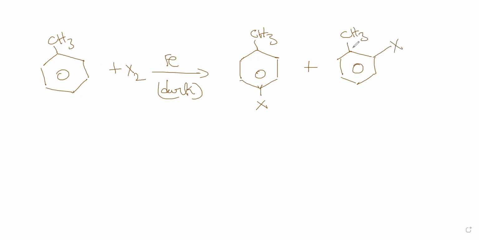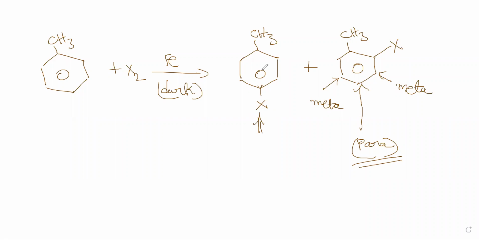Ortho means adjacent to the substituted group. The positions next to those are called meta positions. Exactly opposite position is called para. With respect to the CH3 group, X is at the para position.